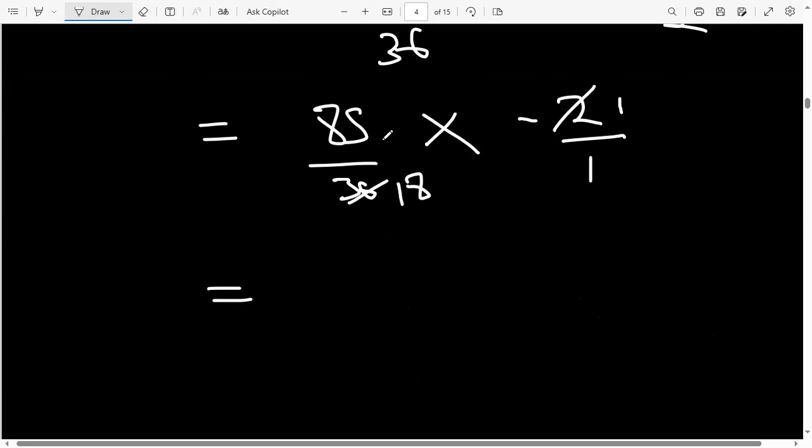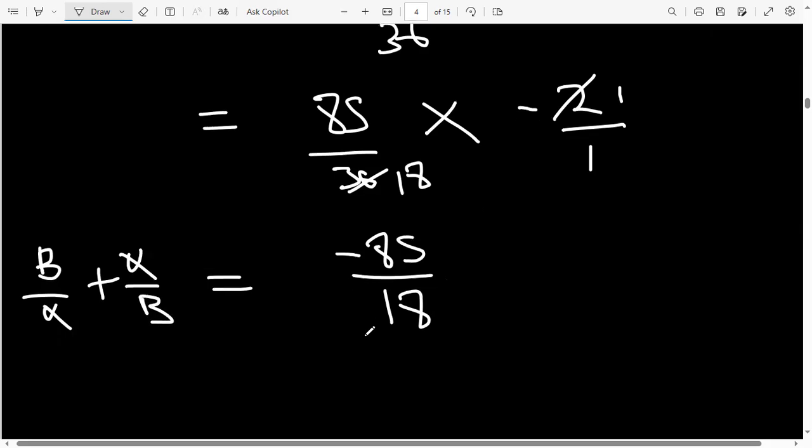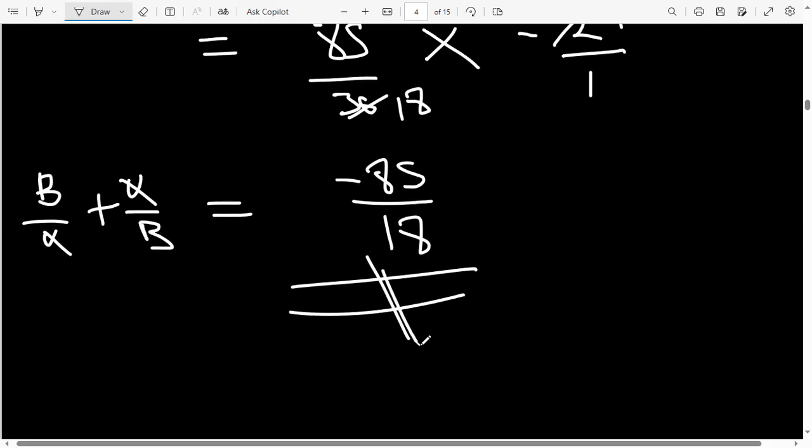So we have 85 multiplied by minus 1, which will just be minus 85. Then divided by 18 multiplied by 1, which will be 18. So this here is the value of beta over alpha plus alpha over beta. So that's how we find the answer there, guys.